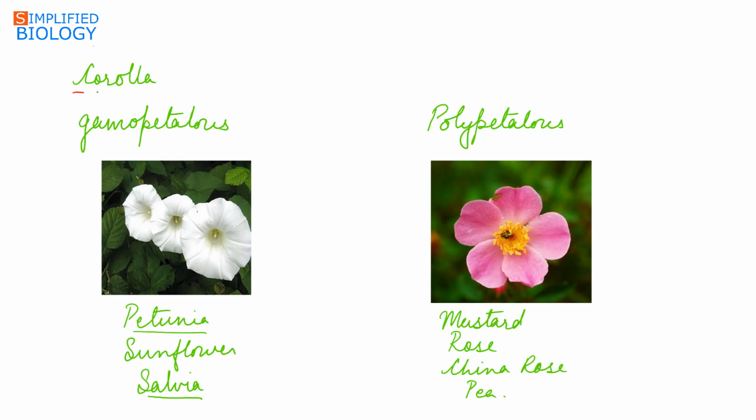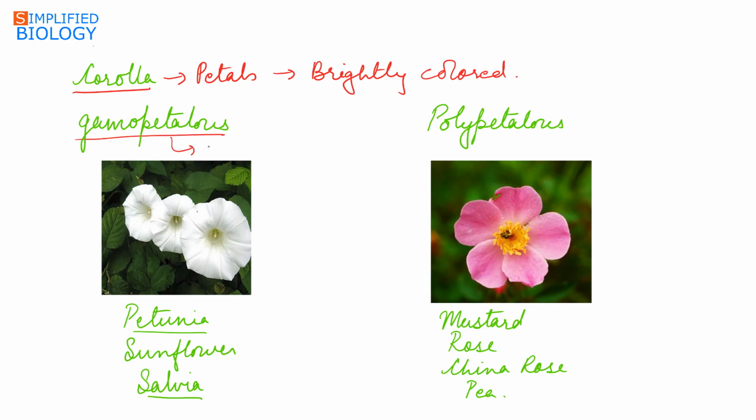Next is corolla. Individuals are petals. They are brightly colored, of various shapes and sizes. They attract the various agents for pollination. When the petals are united, it is gamopetalous, seen in case of petunia, sunflower, salvia.